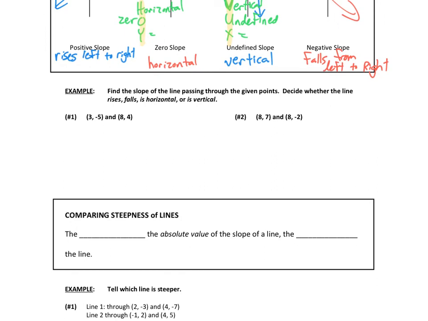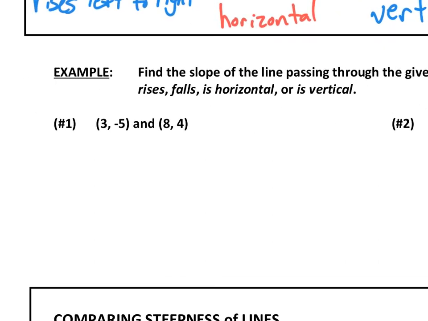In the examples on the bottom, it says find the slope of the line passing through the given points. Decide whether it rises, falls, is horizontal, or is vertical. So we have, as we talked about, x1, y1, x2, y2.